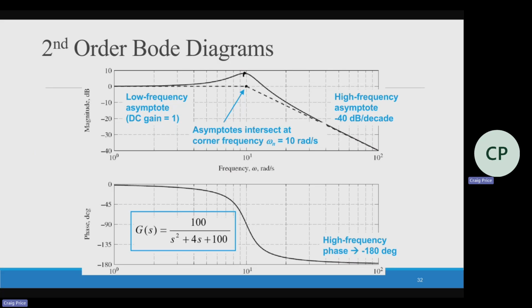We still have the same starting point, 20 log K. We usually see some kind of bump, and then it dies out a lot faster. It's negative 40 decibels per decade, so it does drop off significantly quickly after that point. The phase angle also changes. It goes from 0 to negative 180, so we can go a full pi out of phase instead of pi over 2 for a first order.